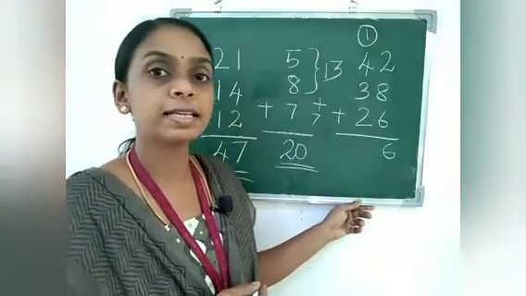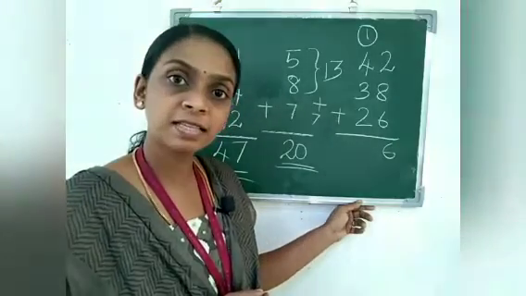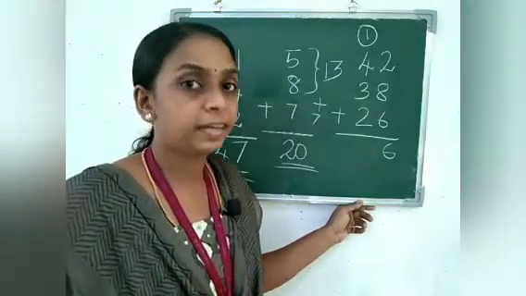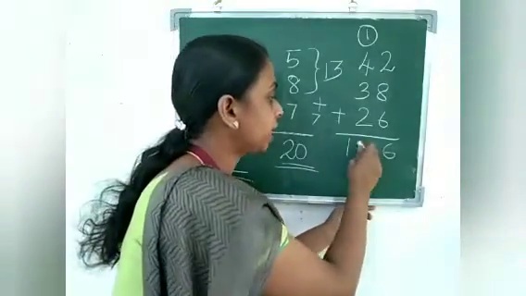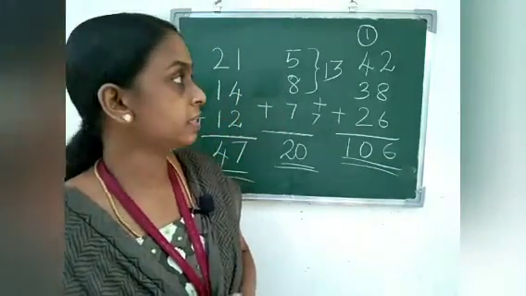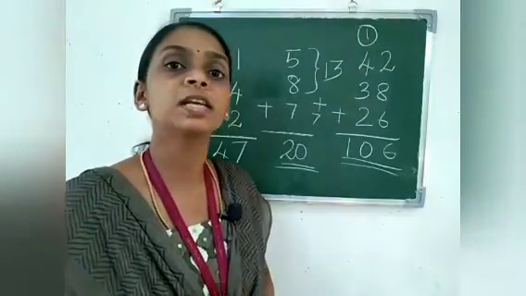So 1 plus 4 is 5. And 5 plus 3 is 8. 8 plus 2 is 10. So we write 10 here. So what is the answer? 106. That is 42 plus 38 plus 26 equals 106.